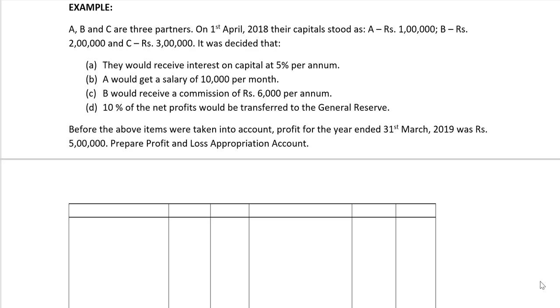So, in this example, you will understand the term net profit by doing this D subdivision. 10% of the net profits should be transferred to the general reserve. So, let's begin by preparing the profit and loss appropriation account.